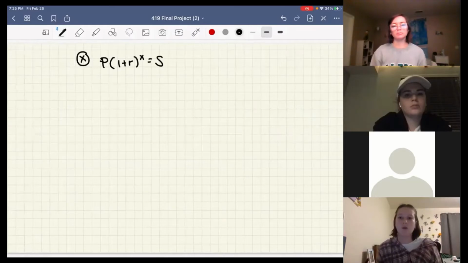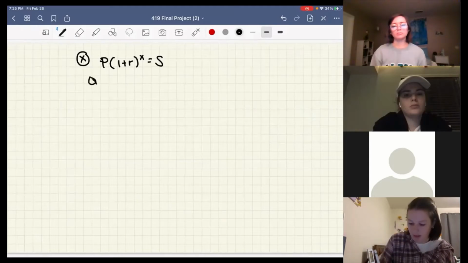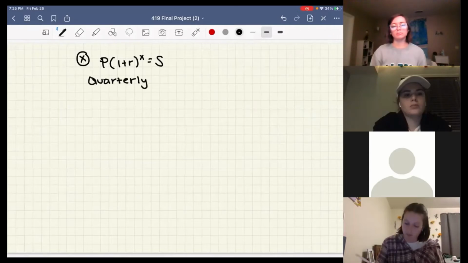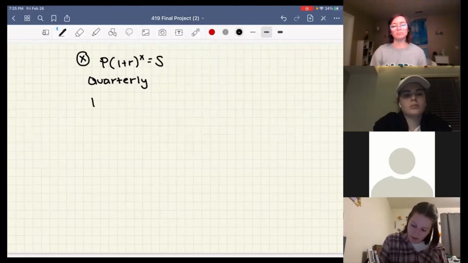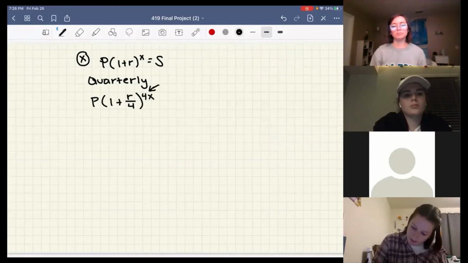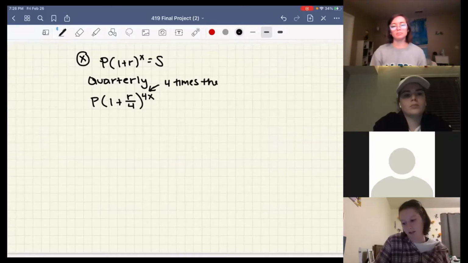What would happen if we wanted to compound it multiple times throughout the year and not just at the end of the year? So say, for example, we wanted to compound it quarterly, we would have the equation of P times 1 plus R over 4, to the power of 4 times X. We would have this multiplication of 4 right here because it is 4 times the compounding periods.